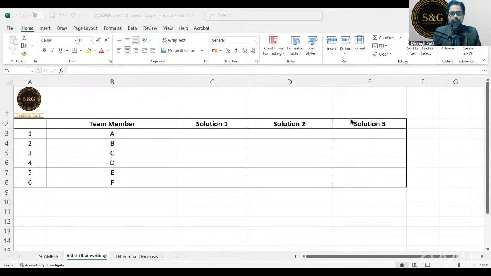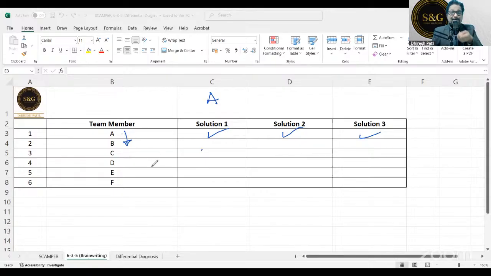In the first round, when the bell rings, let's say this sheet is for person A. Similarly, 6 sheets will be circulated. Now A will write solutions 1, 2, 3 on this sheet, so A will write 3 ideas to solve the problem. All right. Now in round 2, this A sheet will go to person B.